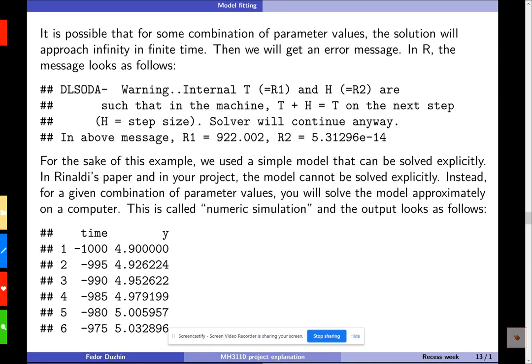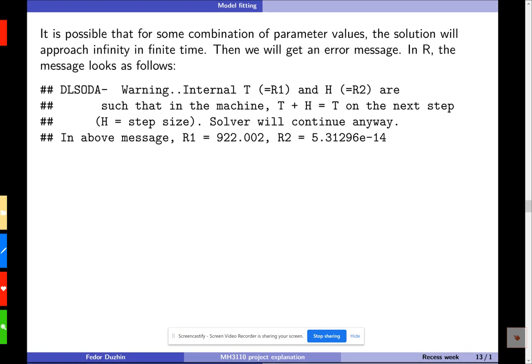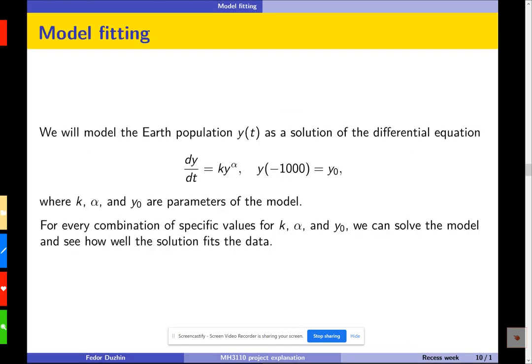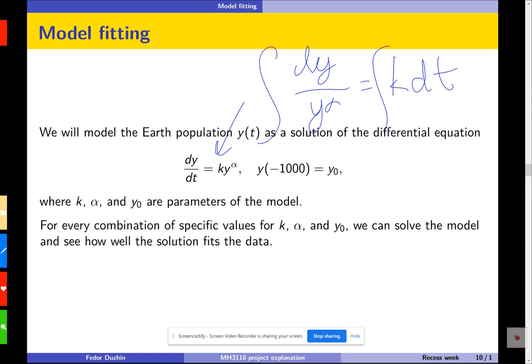For the sake of this example, I used a simple model that can be solved explicitly, because my equation is a separable equation. I can separate the variables: dy over y to the alpha equals k dt, integrate, and solve it.